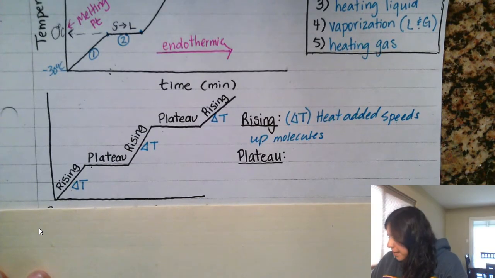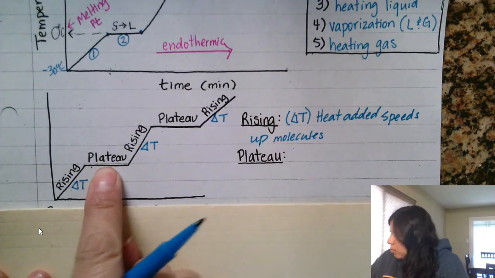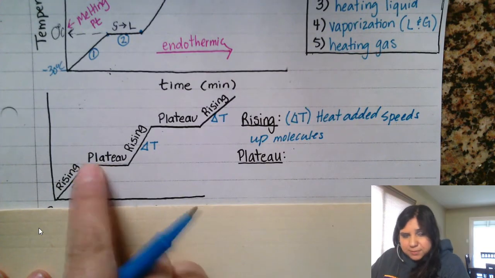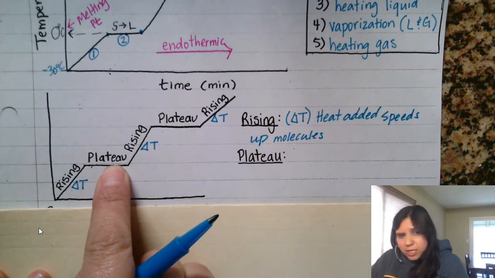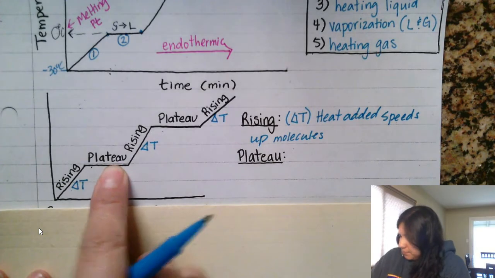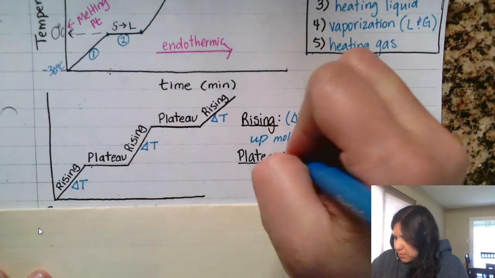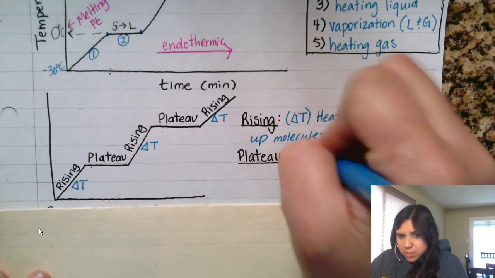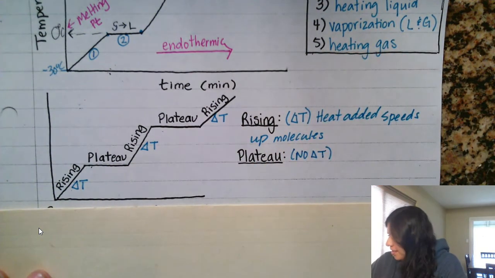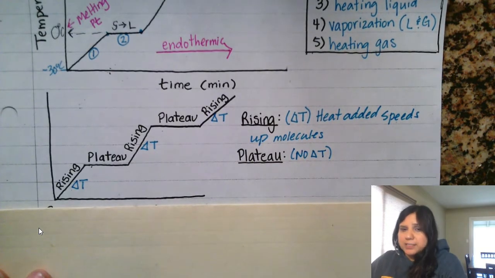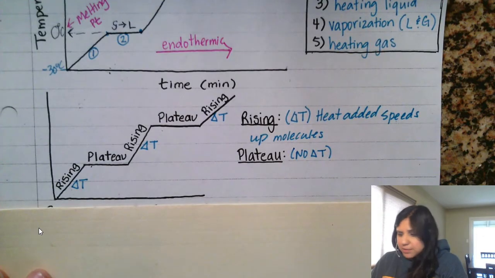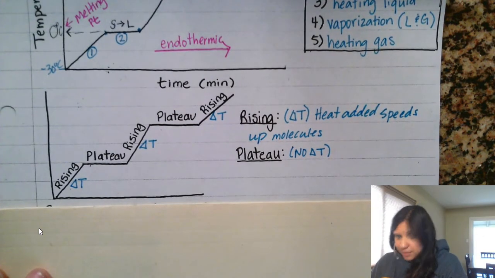All right, what about the plateaus? Well, in the plateaus, it's flat. There is no change in temperature whatsoever. So we're going to write no change in temperature. And so instead of the heat added going into speeding up the particles, because they're not changing temperature, they're not speeding up.